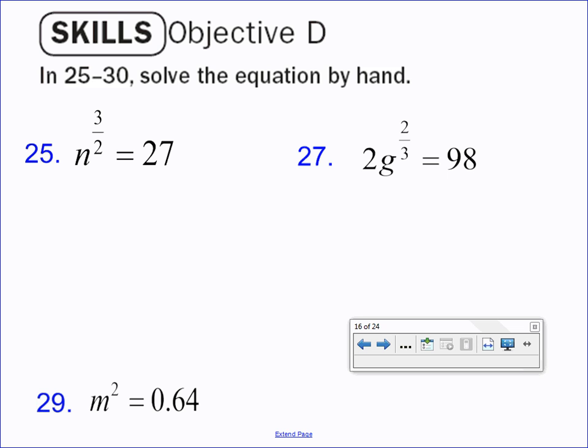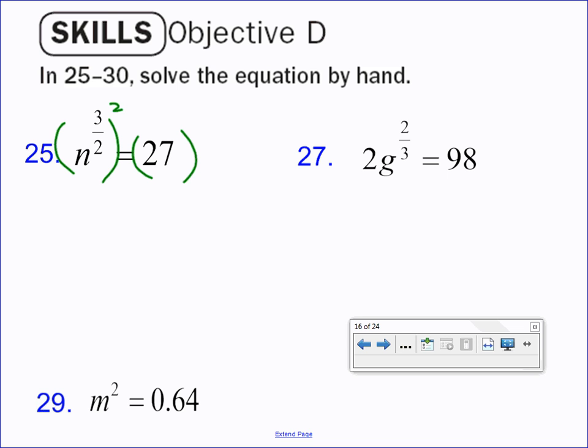In our Bellwork, we undid a 4th power by raising both sides to the reciprocal exponent, 1/4. How do you think we're going to undo a 3/2 power? What would we have to do to both sides? Margot? Put it to the power of 2/3. Absolutely. We'll purposely raise both sides to the reciprocal exponent, and that'll undo a 3/2 power if I raise both sides to a 2/3 power.